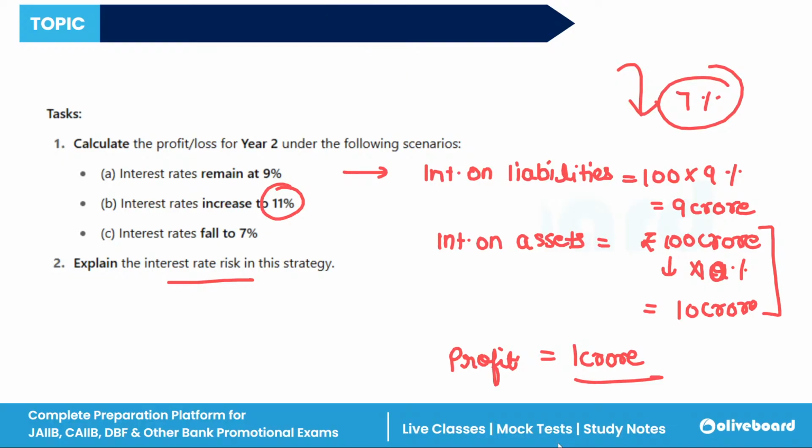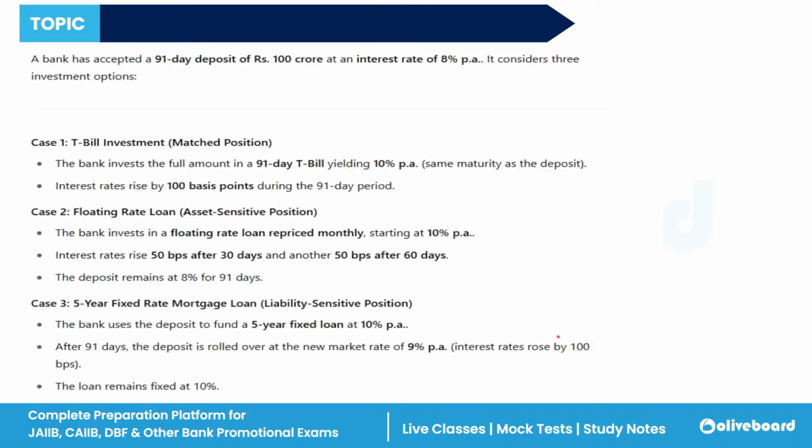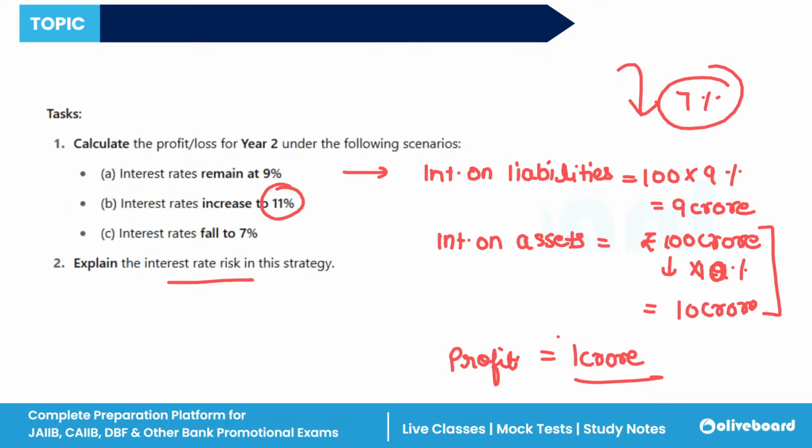Clear? Now what happens if the interest rate increases to 11%? Simple. Same procedure you have to follow. So just tell me what is the answer of this one and what is the answer of this one.